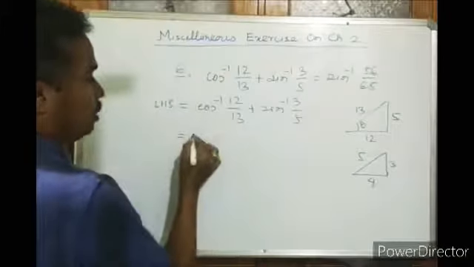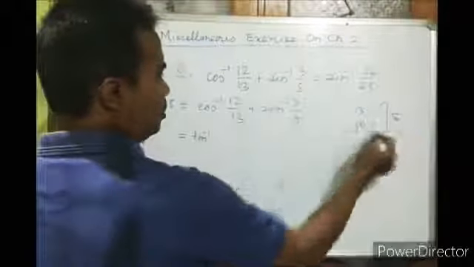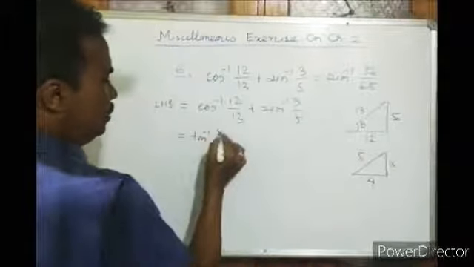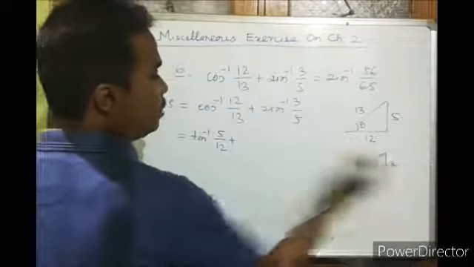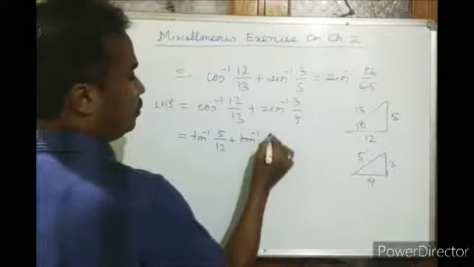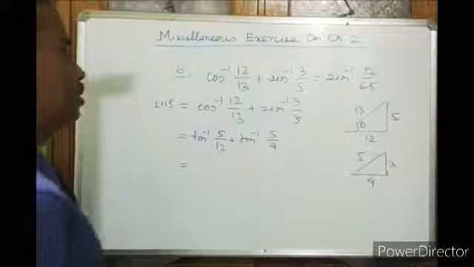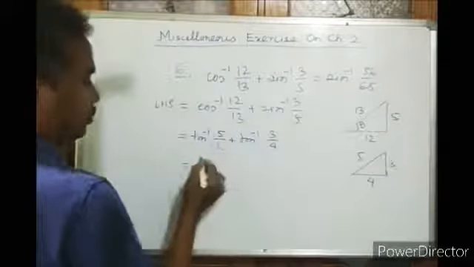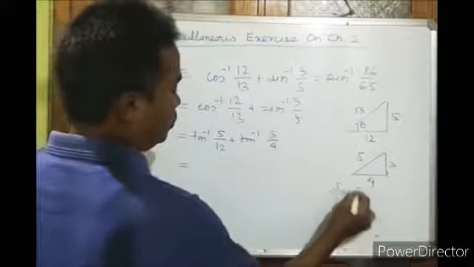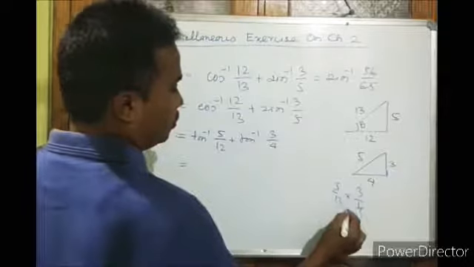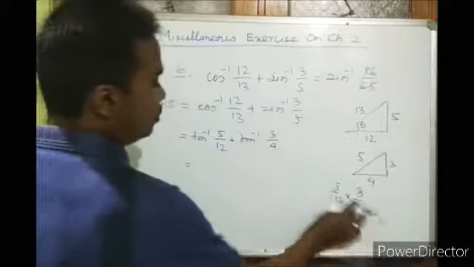Thus cos inverse 12 by 13 is same as tan inverse perpendicular by base, that is 5 by 12, plus sin inverse 3 by 5 is tan inverse 3 by 4. Now 5 by 12 into 3 by 4 is 5 by 16, so this is less than 1.